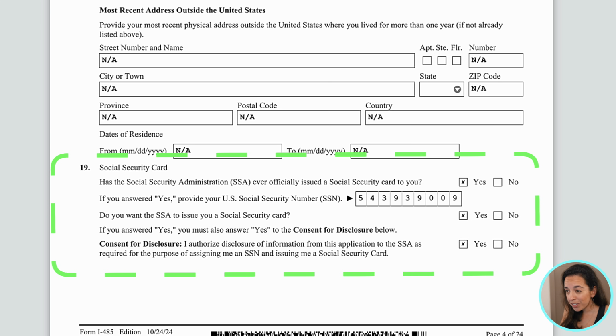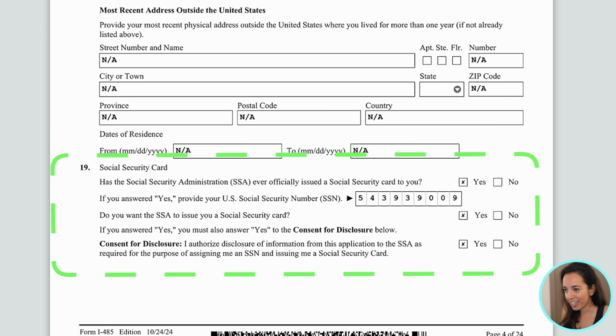Now, your Social Security number will always be the same, so it won't change even if you're entering on a new visa. In our case, Suraj has been issued a Social Security card before and a Social Security card number, so we type that in here.